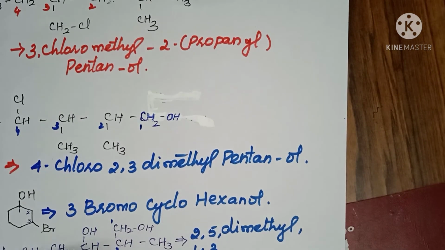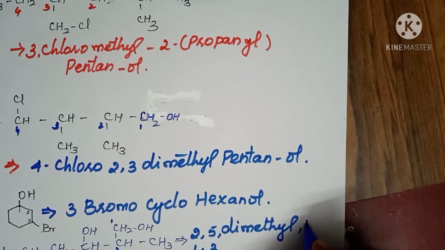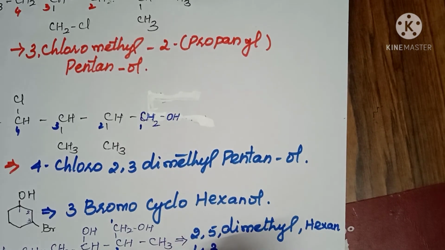Here 6 carbons are there, so carbon number 1, 2, 3, 4, 5, 6. So 2,5-dimethyl hexane-1,3-diol. This is the way you have to name.